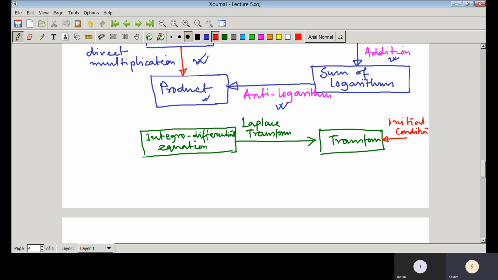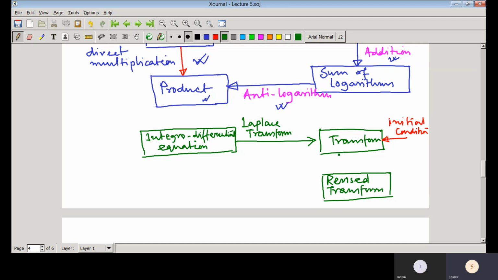And then after the transform, if you do algebraic manipulation, we get that transform in reversed form.